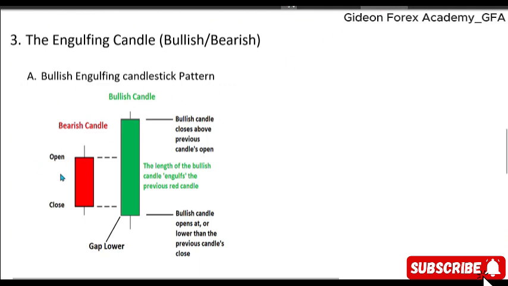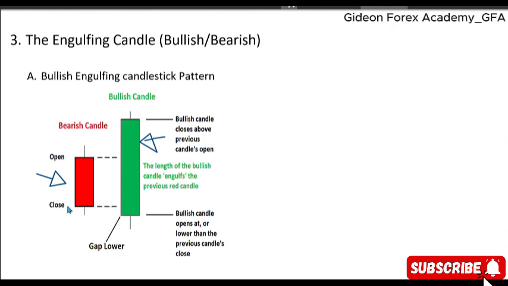The first one is a small red candle, and then the second one is a very large green or bullish candle. And the first one is inside. Its open and close are inside the open and close of the second bullish candle. You have to note that.